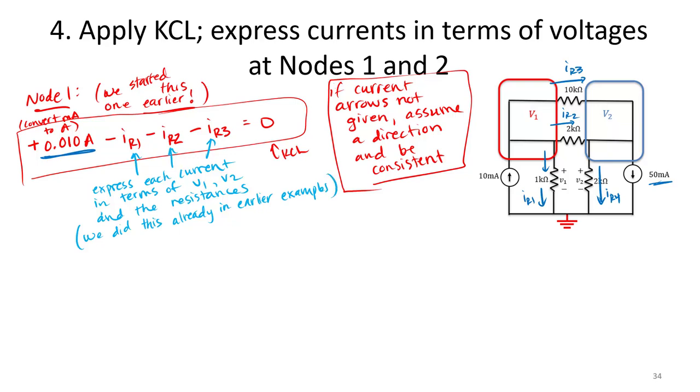So you'll remember that we determined that IR1 is just going to be V1 minus 0 volts divided by 1000 ohms, because we're starting at V1, we end at 0 volts, we pass through 1000 ohms. So by Ohm's law, our voltage V1 is equal to IR1 times 1000. So IR1 will be V1 minus 0 divided by 1000.